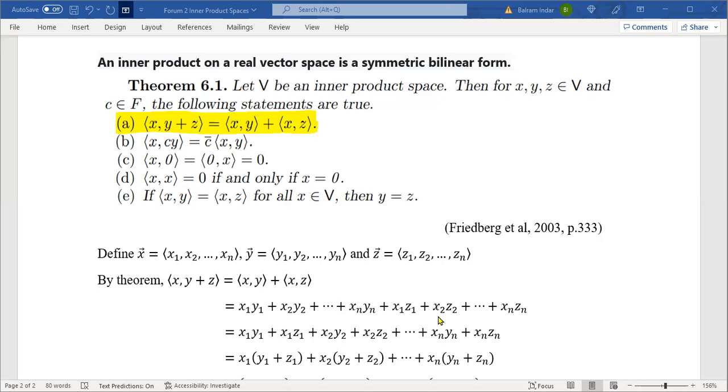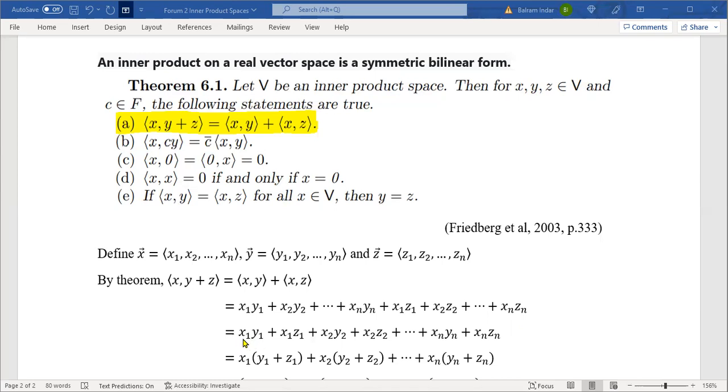Now, the inner product of x and z will result in x sub 1 z sub 1 plus x sub 2 z sub 2, and so on, till you reach the final component in both vectors. Now, I like to do some rearranging where I put the components with common i, j indices together.